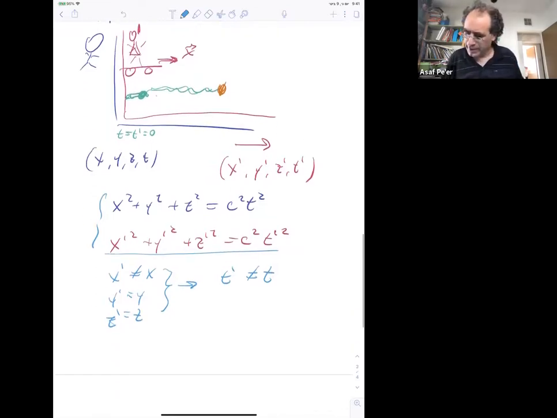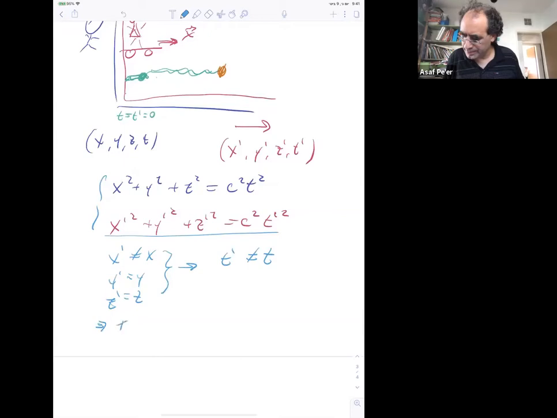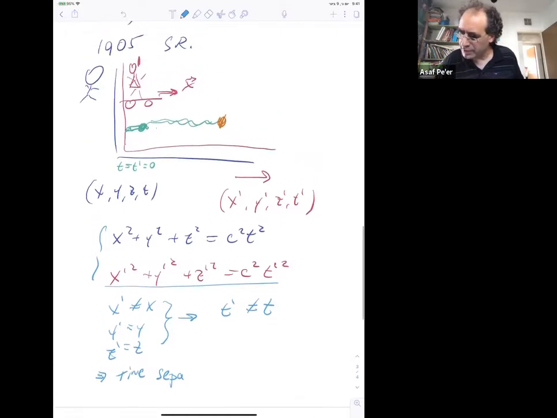So that means that the time separation, I told you that I'm speaking about separation because there are two events here, right? Event number 1 is that the photon was emitted, and event number 2 is that the photon reached a certain location. So there is separation between these two events. That's important to not forget.